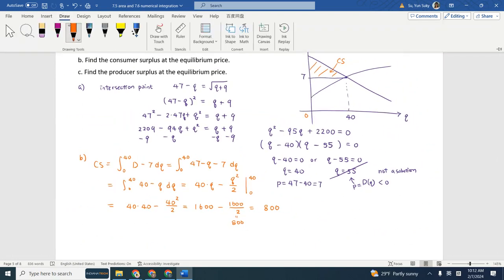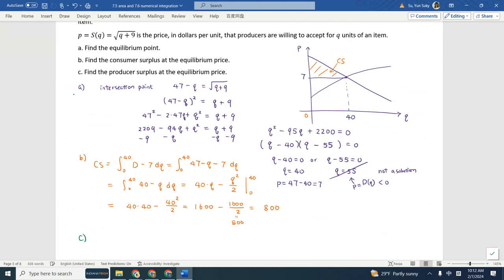Let's keep going. Producer surplus is right here. Okay, from the picture, our Q is from where to where? 0 to 40. And then we use the upper function. Who's the upper function?